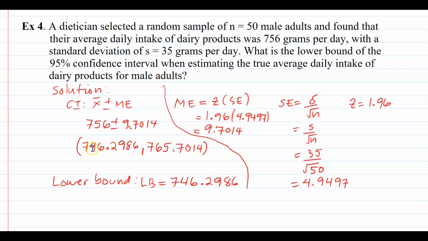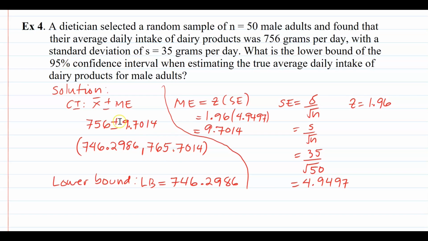And for the first value on the left side, the lower boundary or the lower bound, we use the minus sign. So 756 minus 9.7014 will give us 746.2986. And the value on the right side, we call this the upper bound.